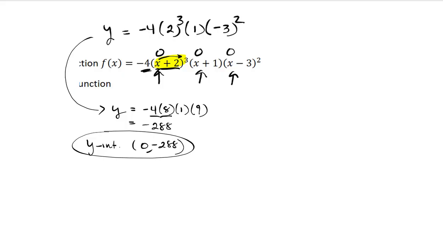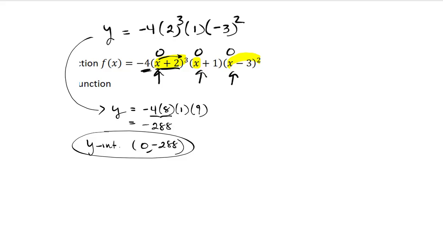And then we're going to multiply that to the leading term of the next factor, and then the leading term of the third factor. Now, the third factor is quantity x minus 3 squared, so the leading term there is going to be an x squared.